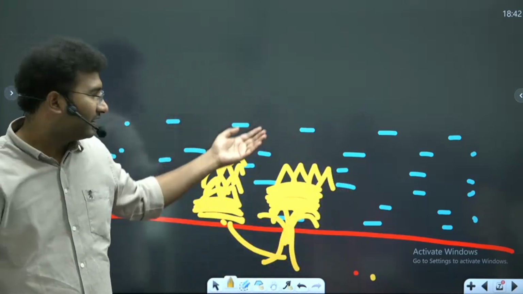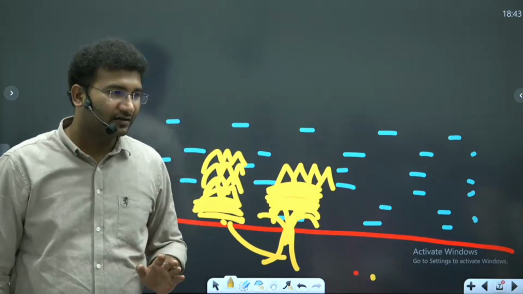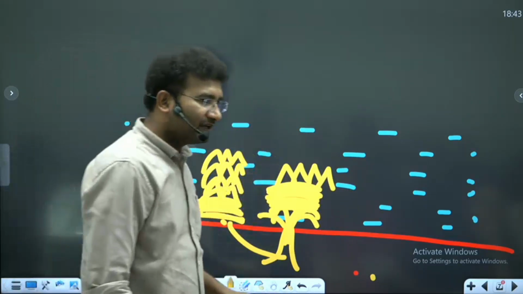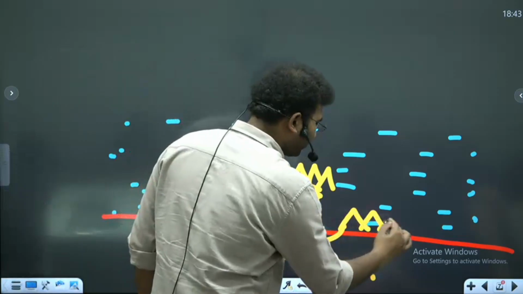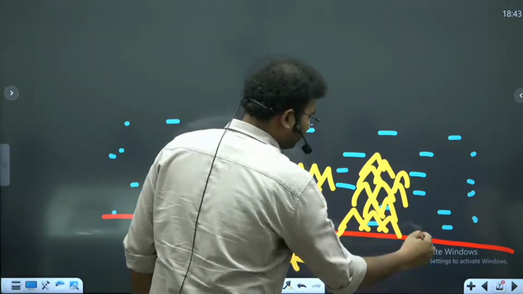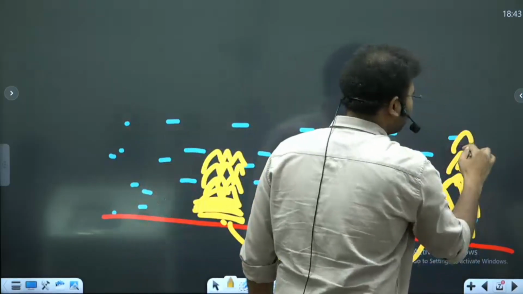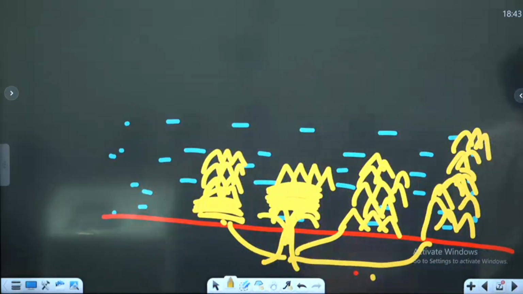Why? Because as soon as the volcano comes underneath the water, it gets cooled quickly, right? So that's why the cooling was very fast, and there are multiple small vents which started to come out, and some islands came above the surface and some islands did not come above the surface.